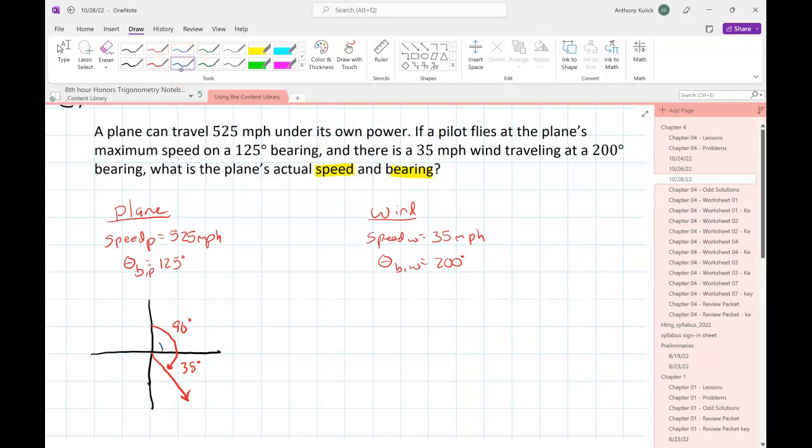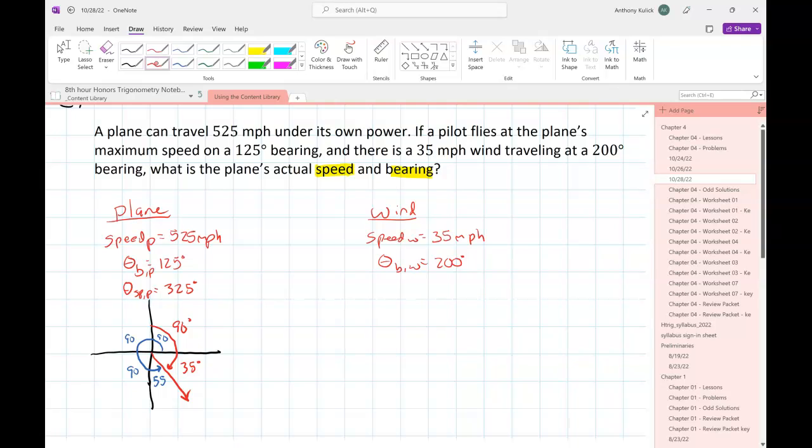So my standard position angle is going to be 90 plus 90 plus 90 plus 55. So that's 325. Everybody's okay with that?